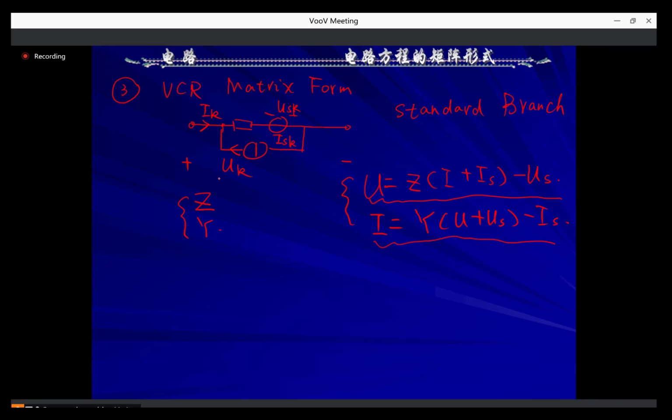Then we finish the KCL, KVL with R, and now we arrive at the matrix form of the set of functions. The basic idea is KCL, KVL with R, add them together.